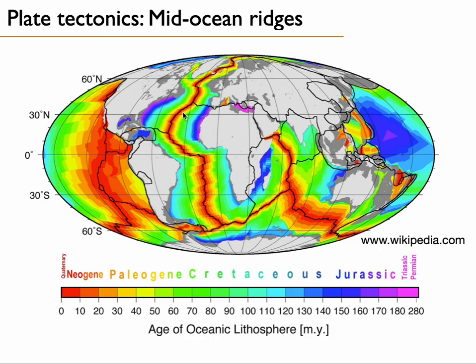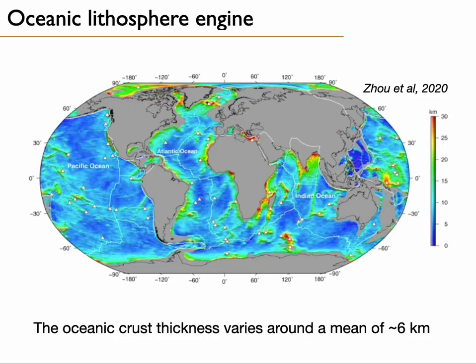This is because there's a continuous production of material at the mid-ocean ridges. The oldest oceanic lithosphere is actually not so young, not so old with regard to the Earth's history. It's about 180 to 280 million years.